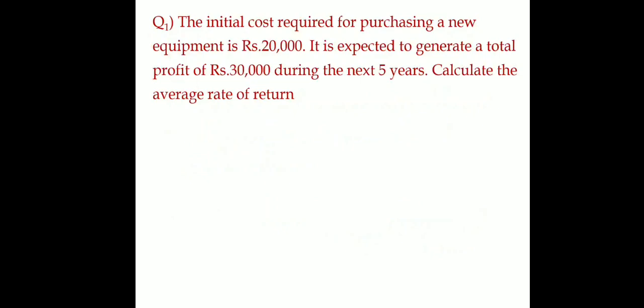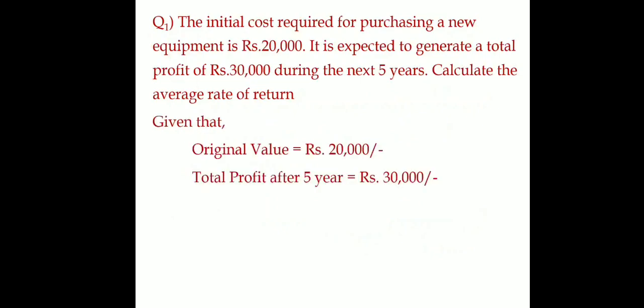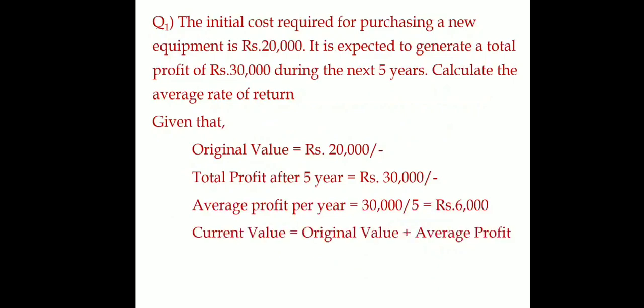So first of all we write the given data, that is original value and total profit after 5 years. Average profit per year will be 30,000 by 5, that is 6,000, and current value is the original value plus average profit, that is 20,000 plus 6,000, equal to 26,000.